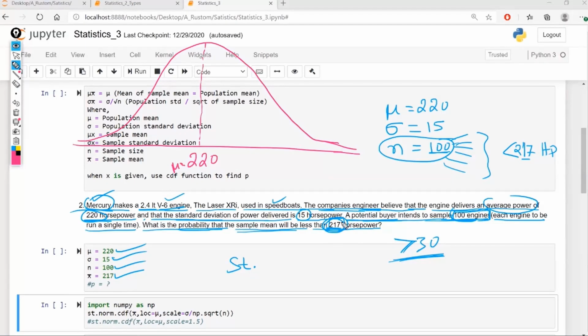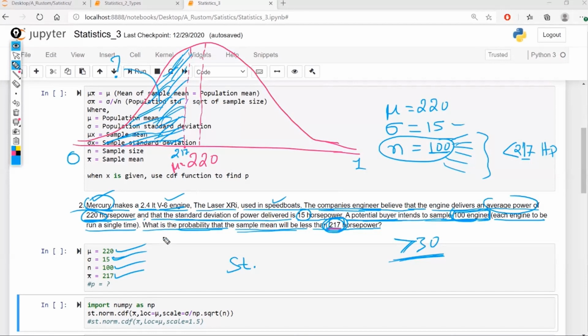Now we want to check for 217, so it falls somewhere here. Let me shade this a little bit, and I need to find the probability of this area. The standard deviation is already given, and we know that probability always lies between 0 and 1. Here I don't need to do the 1 minus thing because we are looking for less than 217 horsepower.